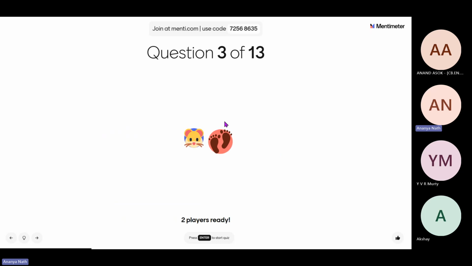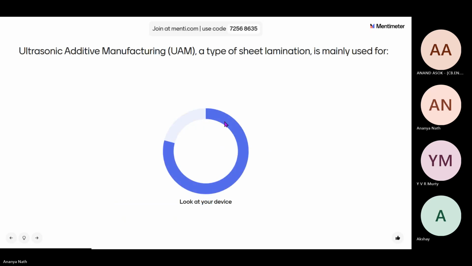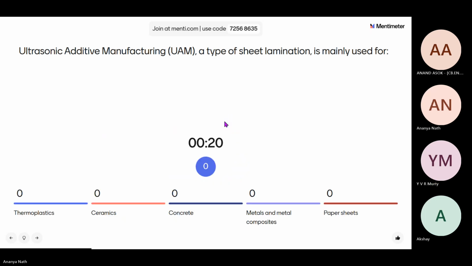So next question. Ready? Ultrasonic additive manufacturing type of sheet lamination is mainly used for metals.